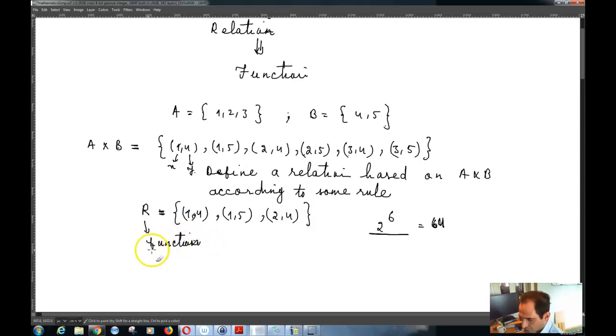And when I say a specific way, what I mean is that you define your relation based on some definition, and that definition is the definition of a function in general. And that's what we want to do in the rest of this video.